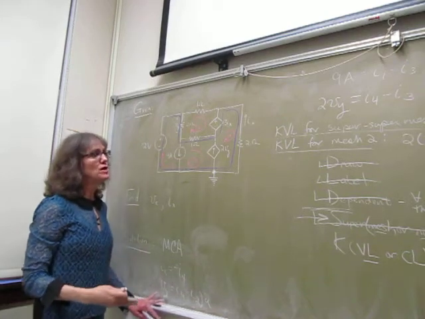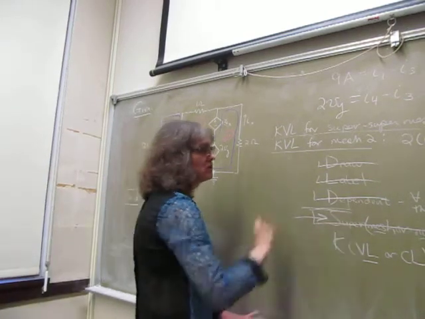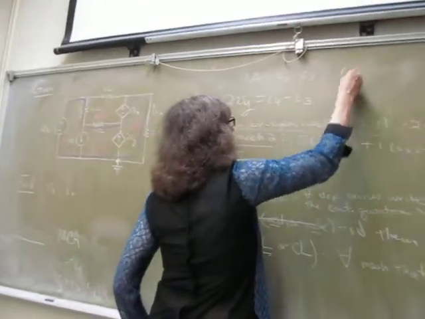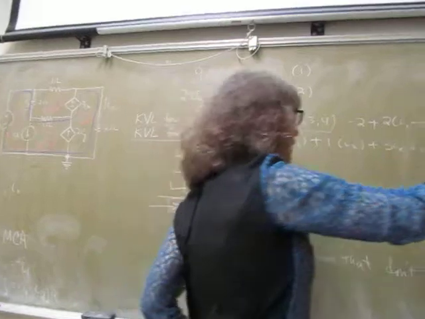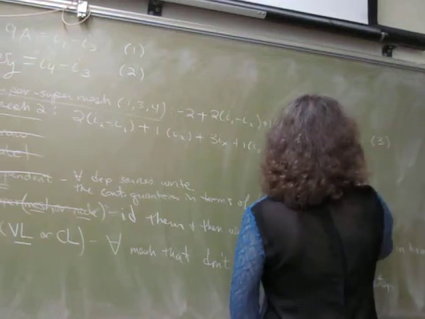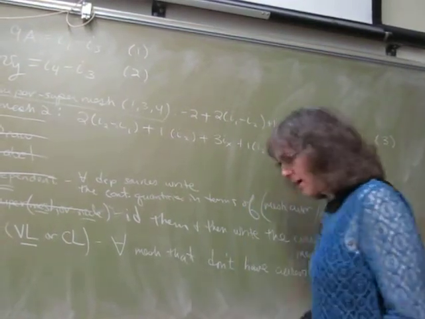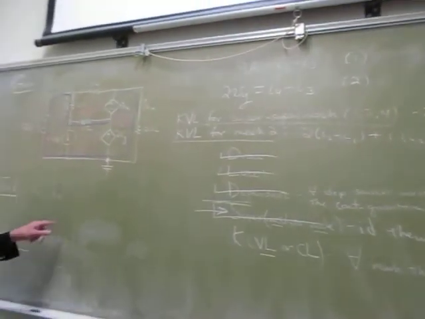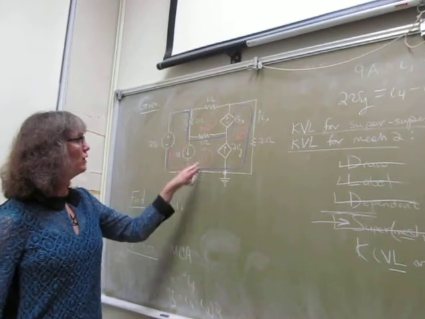I need 4 equations. So these were the first of those 4. If I label this equation 1, this equation 2, and then the other 2 equations came from step 5, writing Kirchhoff's voltage law, this is equation 3, this is equation 4. I claim that I have 4 equations in the 4 unknowns that I'm looking for: I1, I2, I3, and I4.